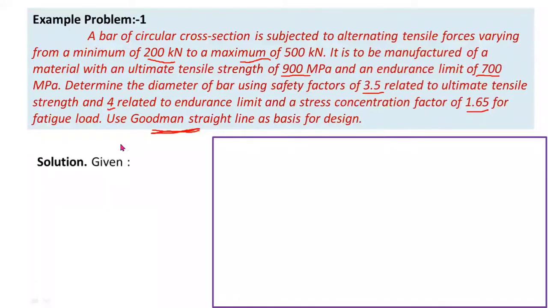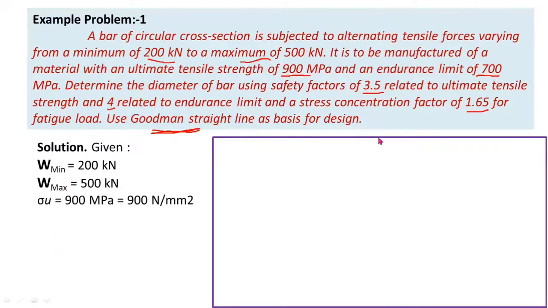So the given data is minimum load equal to 200 kilonewtons and maximum load equal to 500 kilonewtons, and ultimate stress equal to 900 megapascal. 1 megapascal equals 1 Newton per mm square. And endurance stress, sigma E, equals 700 megapascal, that is 700 Newton per mm square.